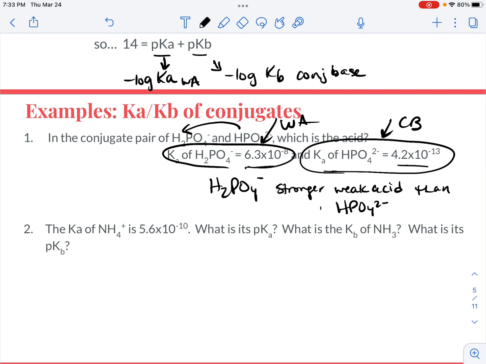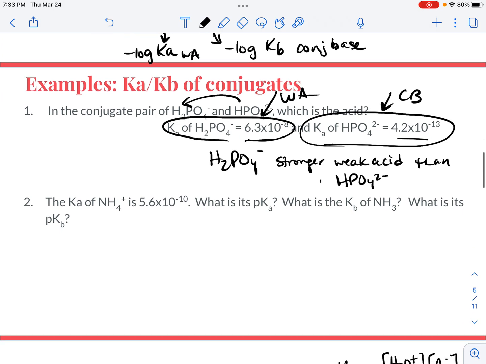Something else that we can do is calculate information from the Kas. I want to show you this in an example because I think it's important that you see it. The Ka of ammonium, the ion, is 5.6 times 10 to the negative 10th, and it wants several things in this question. The first thing is, what's its pKa?